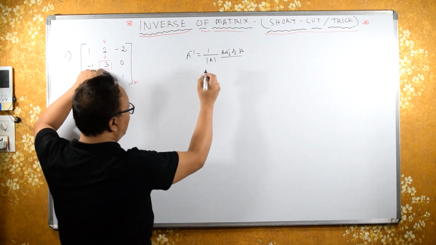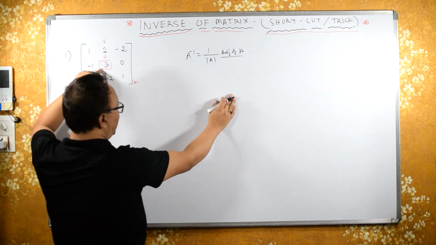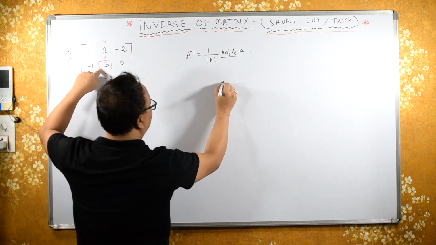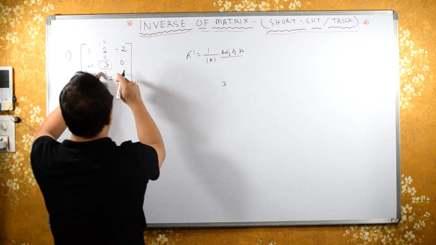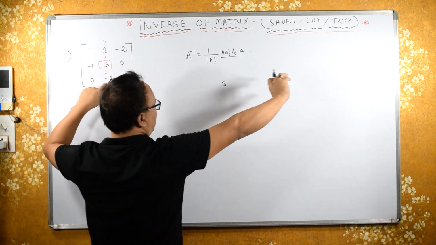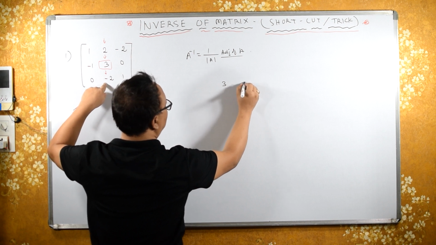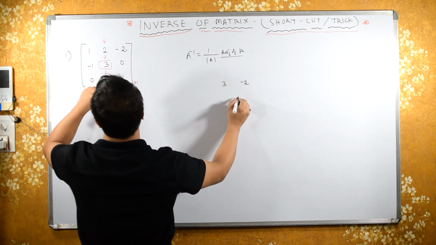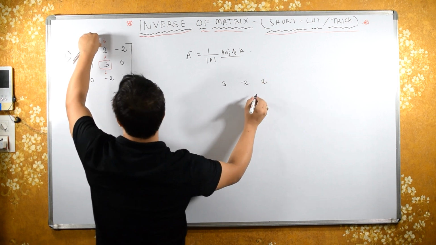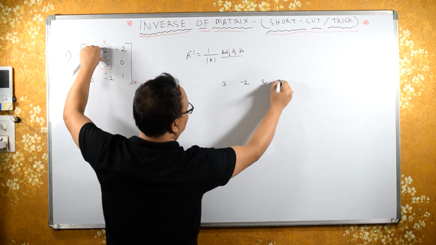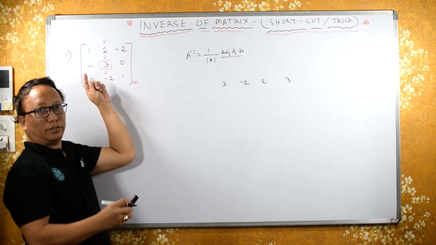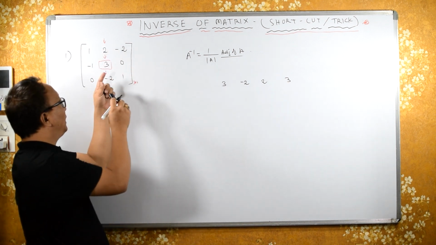So now let's do one thing. We have to create a 4 by 4 matrix. Here write 3, and then if I go down, we have -2, then 2, and then 3. Now from 3 going right, we have 0.